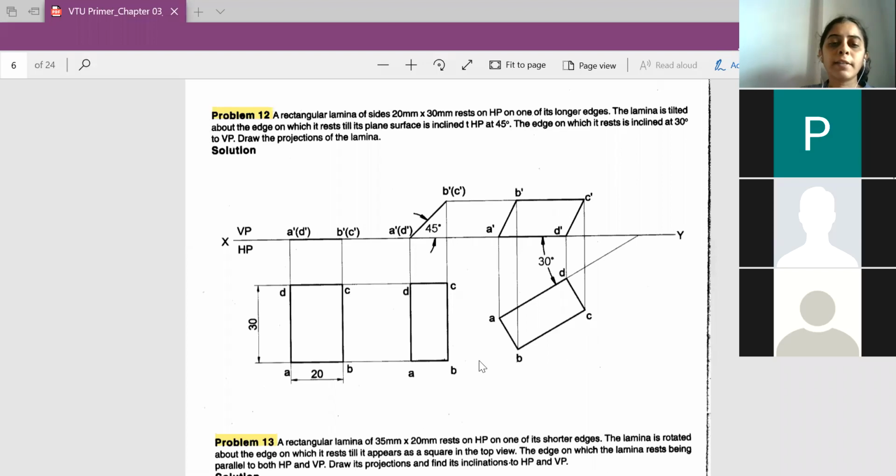After drawing 90 degree line, you measure the distance A to B, how much it is, and cut an arc. Similarly, from D to C you measure and cut an arc. You will get the point C and B. Then you join A to B, B to C, C to D and D to A. So now we have our apparent shape of the rectangular lamina tilted to 30 degree line.